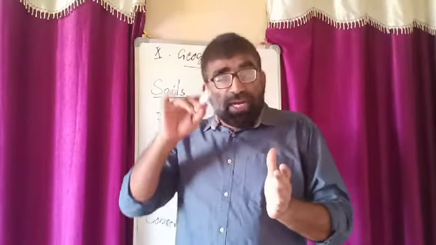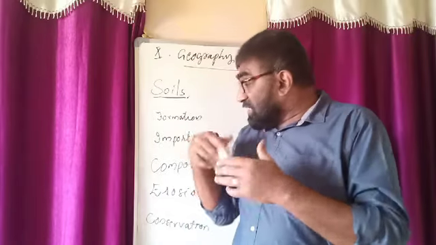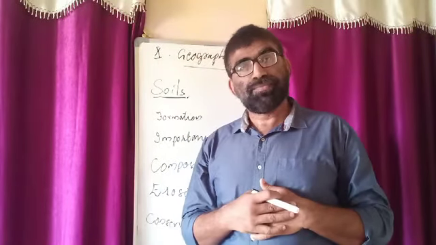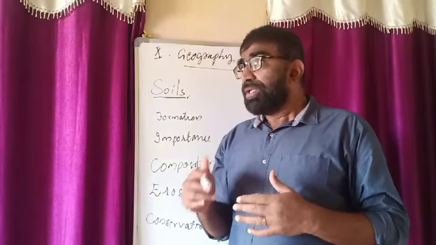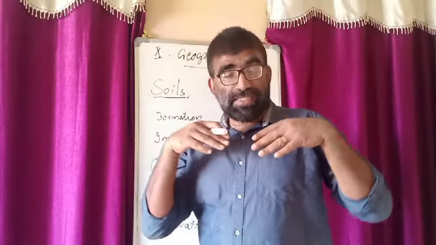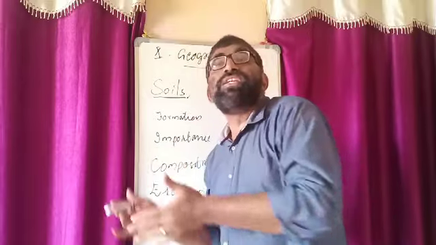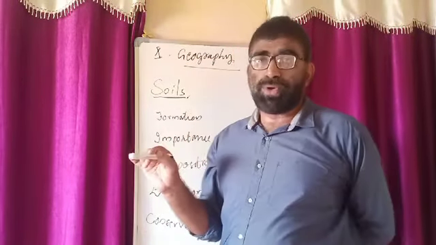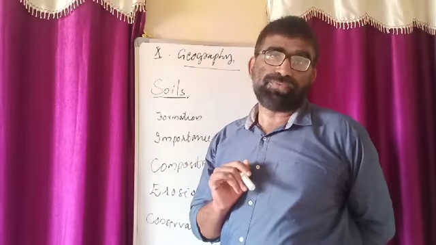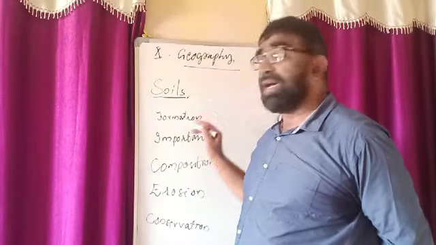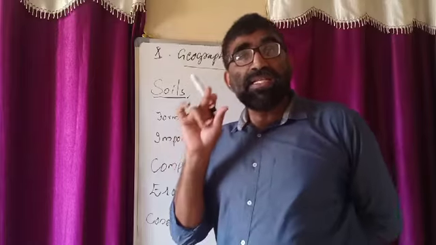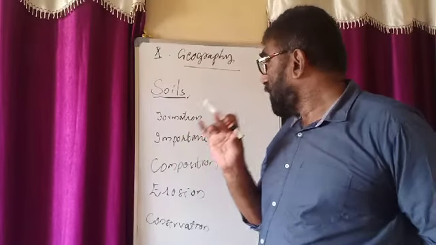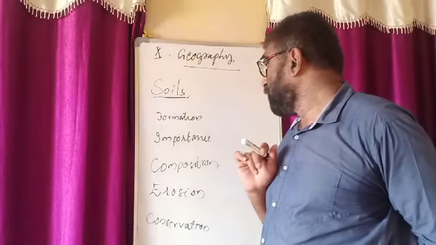When a rock consisting of iron disintegrates, the soil also has iron content. And if the parent rock is acidic, the soil is also acidic. So the nature of the parent rock also determines the nature of the soil. So these are the main factors that determine the formation of the soil.